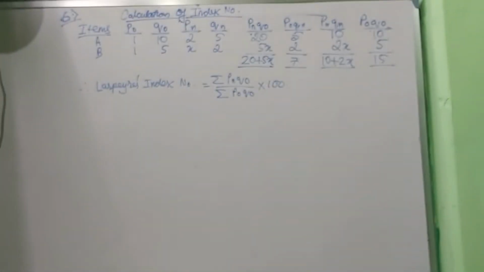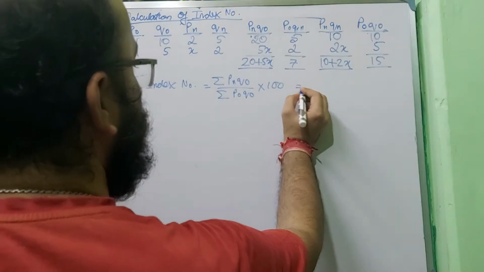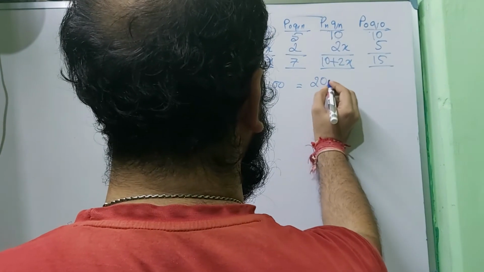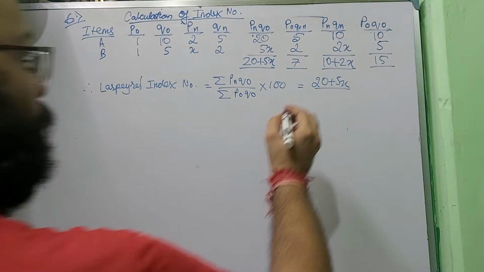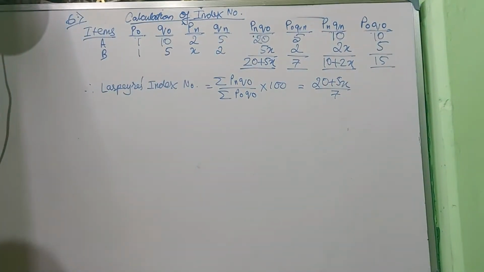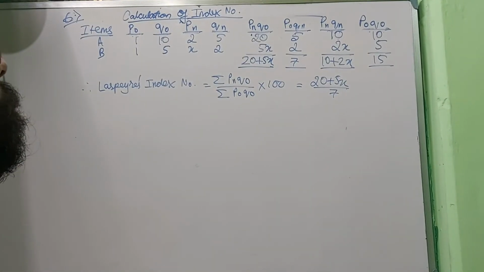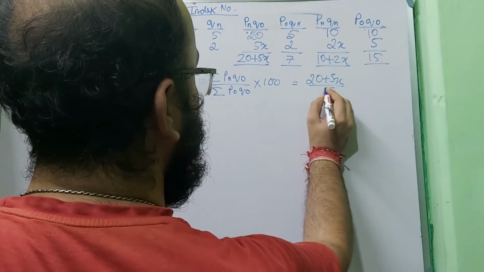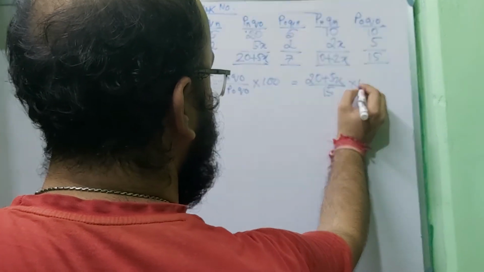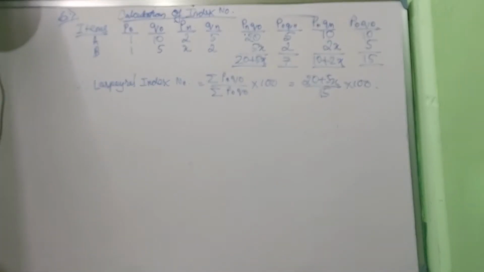This is the formula. And what we are getting: summation of Pn Q0 is 20 plus 5x, and P0 Q0 is 15, sorry, 15. I'm really sorry for that. Into 100, okay? This is what Laspeyres you are getting.